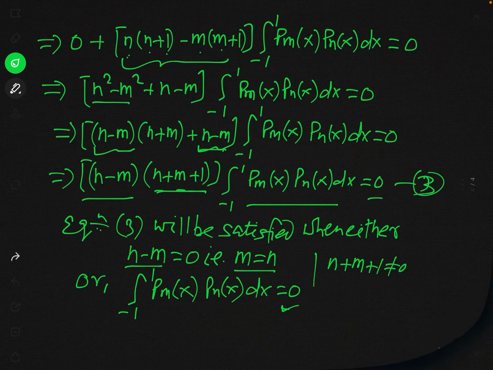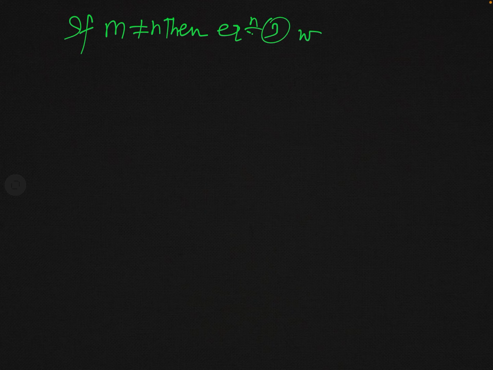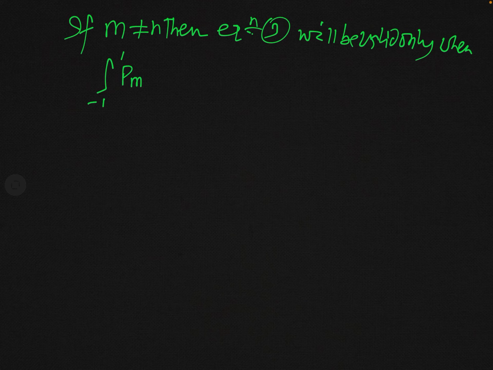So you can say if m is not equal to n, then for the validity of equation 3, equation 3 will be valid only when this integral from -1 to +1 Pm of x into Pn of x dx will be equal to 0.